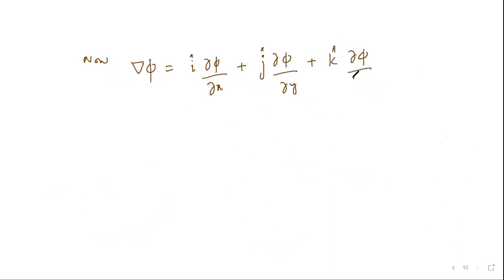Now, gradient of phi, as I said, is i cap dou phi by dou x plus j cap dou phi by dou y plus k cap dou phi by dou z. Now my phi is given.